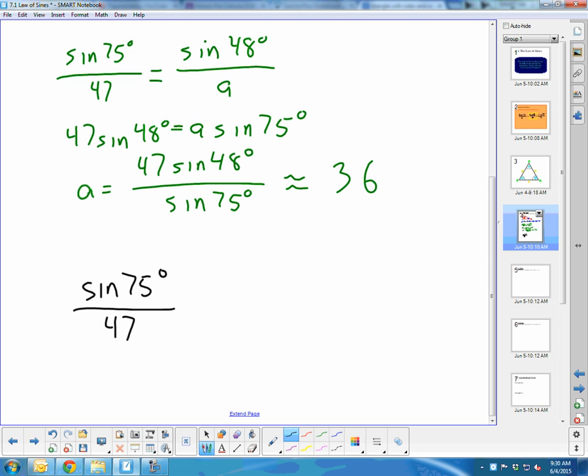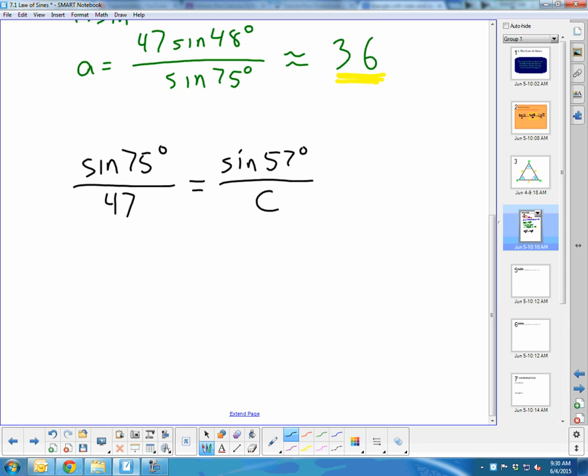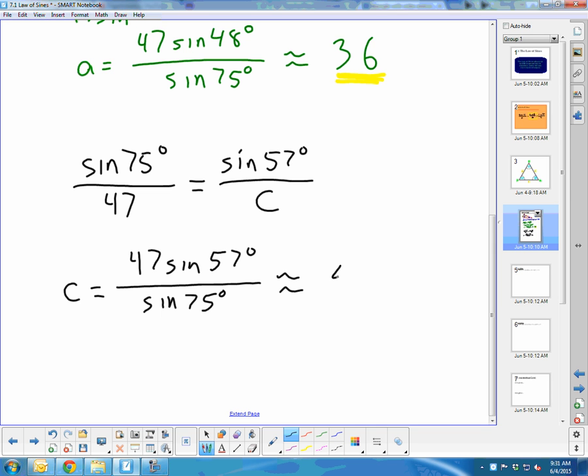If I tried to use sine alpha over a, this measurement of 36 was approximated, and I'd rather use exact values in my calculations than approximate values. We knew that gamma is 57 degrees over side c. And if I perform the same operations, I'm going to end up with c equals 47 sine of 57 degrees over sine of 75 degrees. I put that into the calculator as well, approximate it, and I get 41.